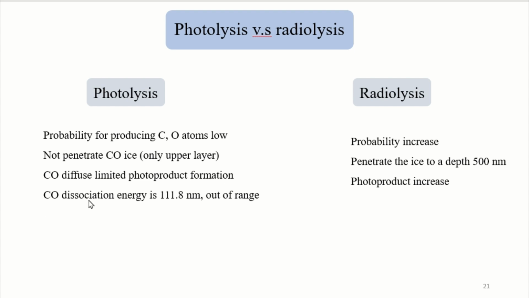The CO dissociation energy corresponds to 111.8 nanometer, which is out of range. But with radiolysis by the electron gun, the probability increases and it can penetrate the ice more deeply, so the photoproducts increase.